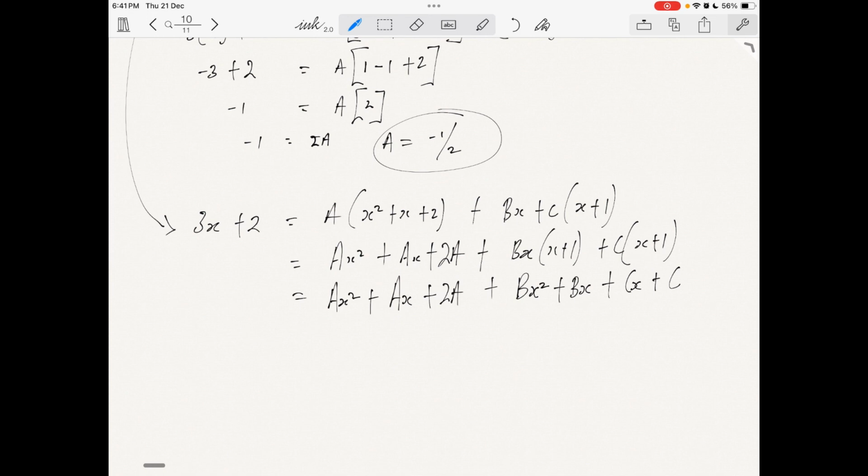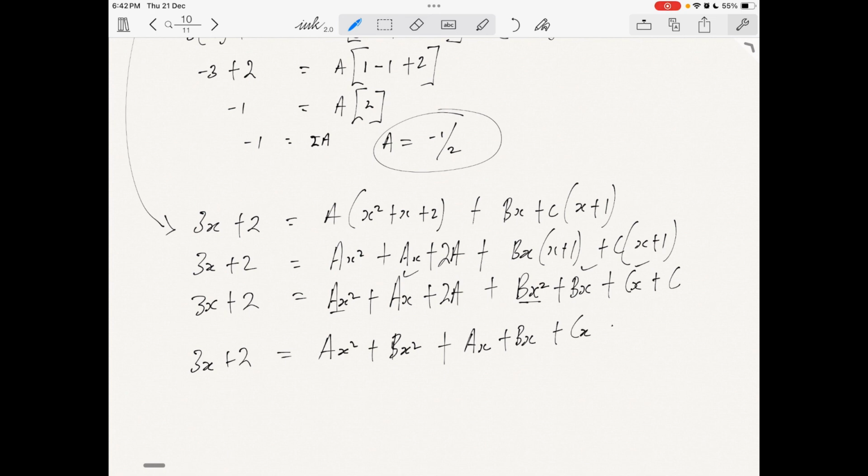Now we have 3x plus 2 on the left. Next, let's collect like terms: the x squared components ax squared plus bx squared, the x components ax, bx and cx, and the constant terms 2a and c.